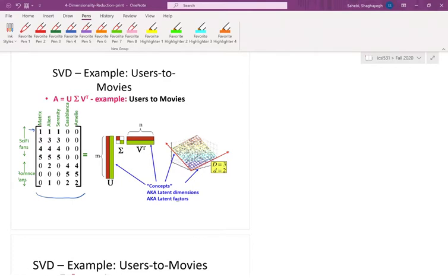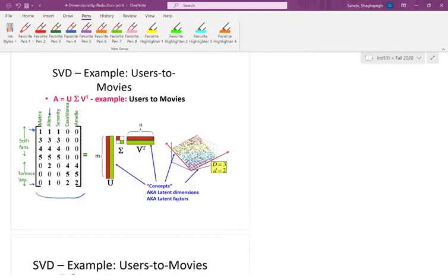For example, the first user likes Matrix, Alien, and Serenity with 1 star and didn't like Casablanca and Amelie. And our last user didn't like Matrix or Serenity and then gave 1 star to Alien, 2 stars to Casablanca and Amelie. If we look at each column, we see how all of our users have rated one movie.